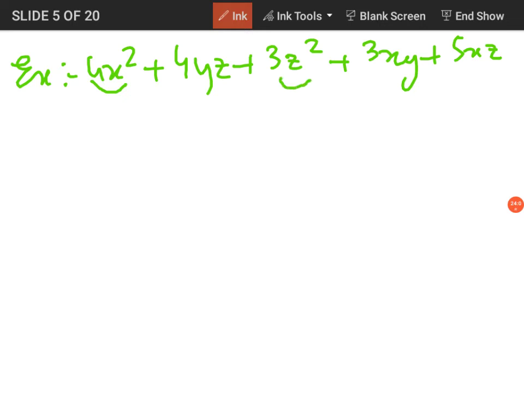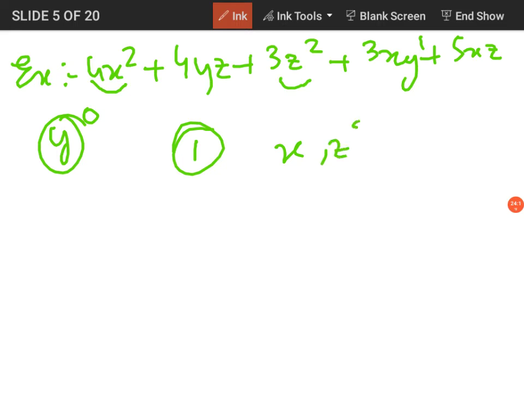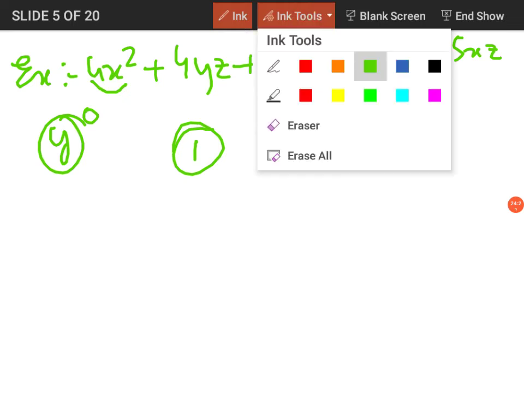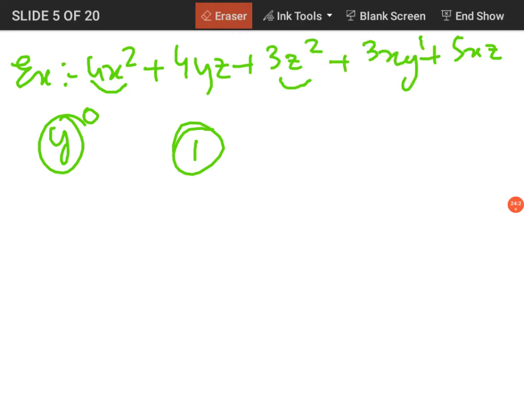But another term is missing: y here has the highest power of 1, while x and z have the highest power 2, which is equal to the degree of the polynomial. So this is not a homogeneous polynomial because the highest power of y is 1, which is not the degree of the polynomial. Okay, I hope that you understand this part.